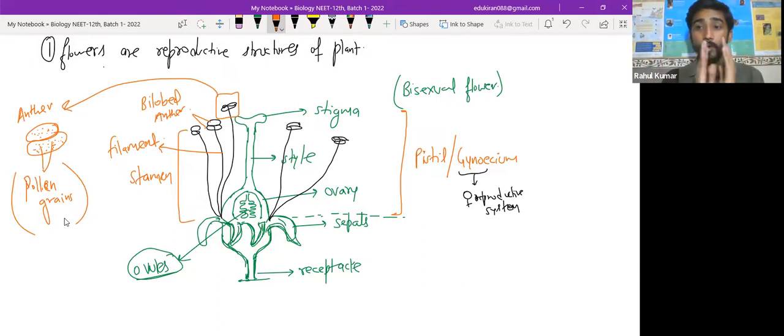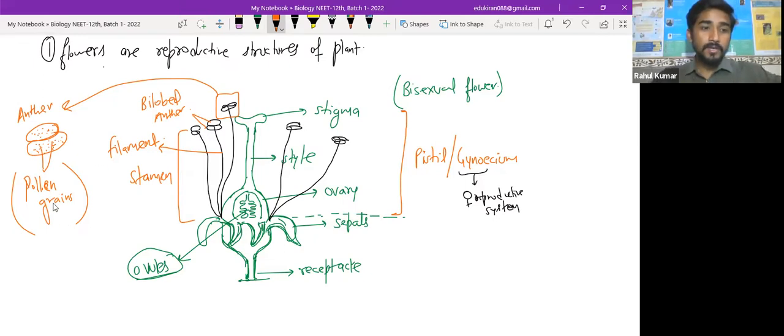These pollens contain the male nucleus. So just like in humans, there is a sperm and an ovum. Sperm contains the male nucleus, the main genetic material, and ovum contains the female nucleus or the female genetic material. Both fuse together in the process of syngamy during fertilization.